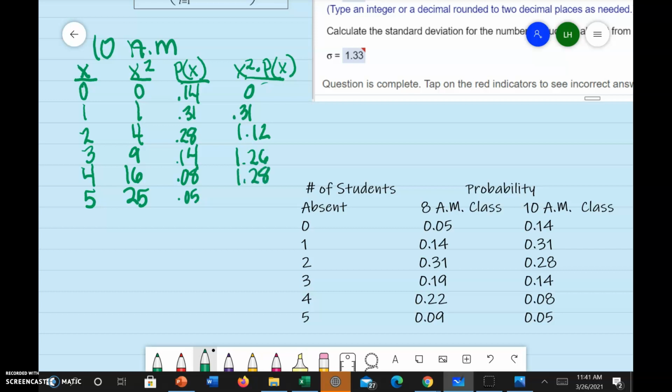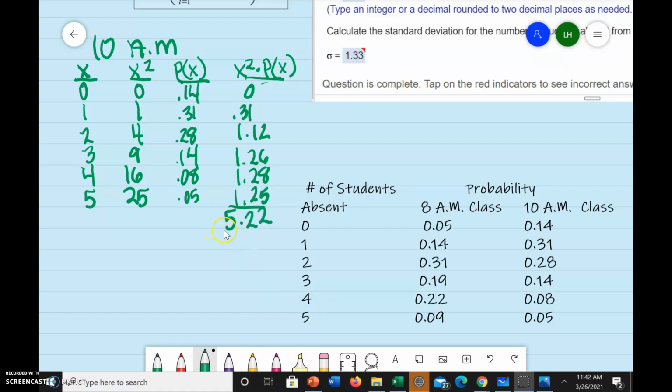Now we're going to add those numbers together, and you will get 5.22.